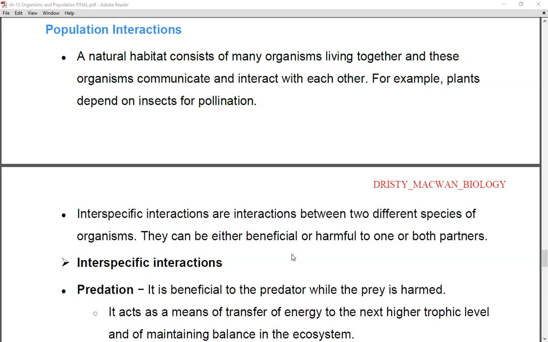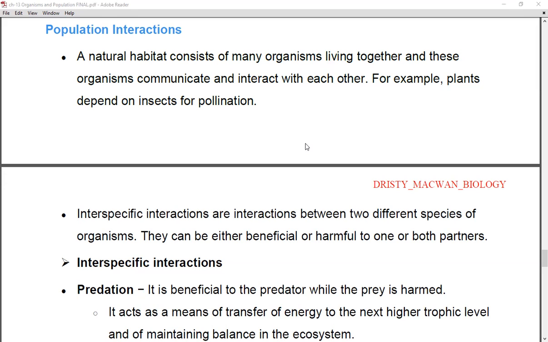So in a habitat, many different types of organisms are living together, communicating and interacting with each other. The example is that plants are dependent on insects for pollination. That is a kind of interaction and communication between two different types of organisms in a single habitat, right?